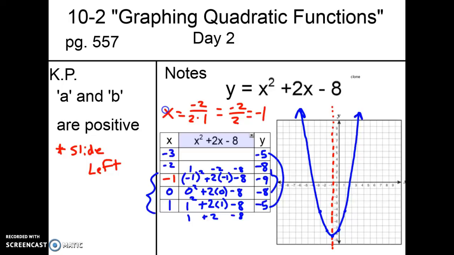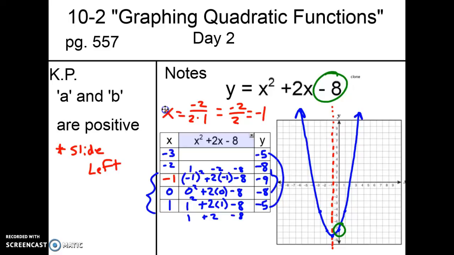It doesn't shift very far left, it only shifts over 1. It shifted down because of our -8. Hopefully you guys are starting to recognize that this -8 means that our graph crosses at -8 right there. So it slid to the left in this case and slid down a handful, went down 9, but that's because our y-intercept has to be -8.